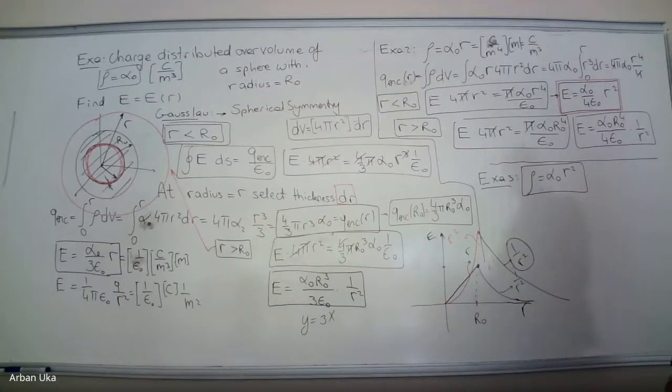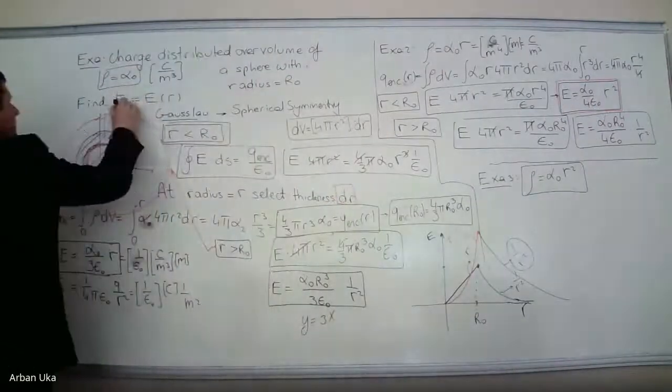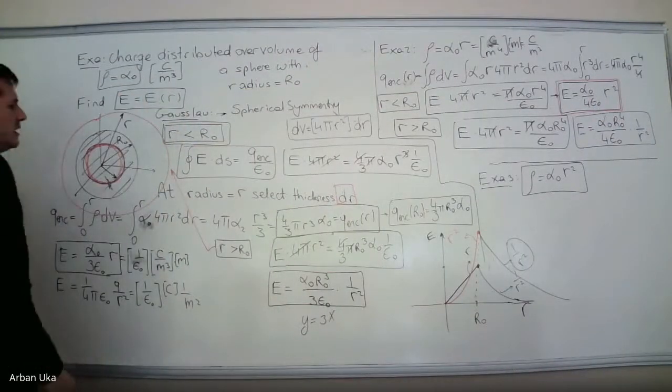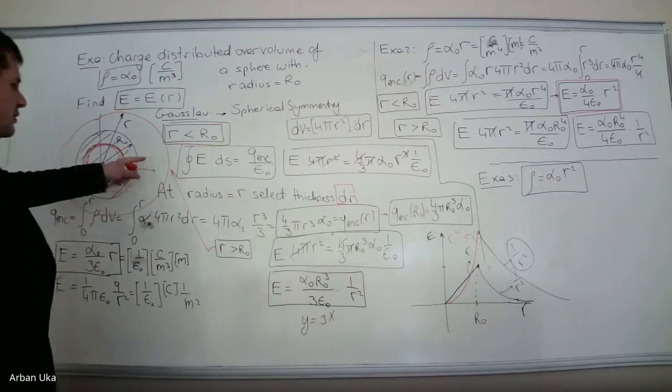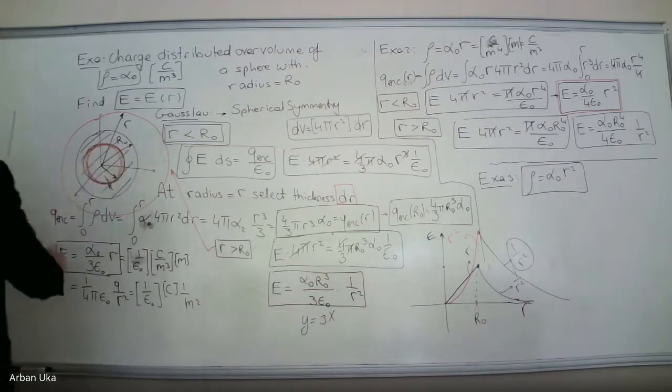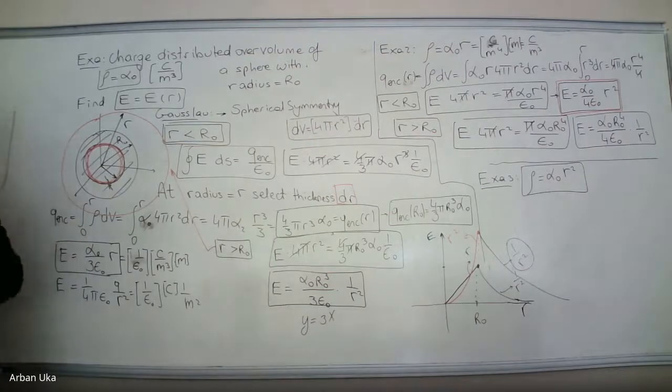So let's not forget our initial question, it was this, find E as a function of R. And we observe that E as a function of R, when R is smaller than R0, I cannot see it, it's here. So the major solutions that we are after are these. So it was this.